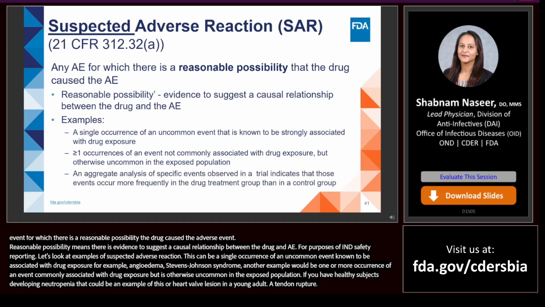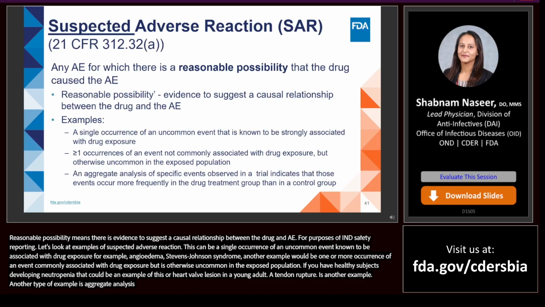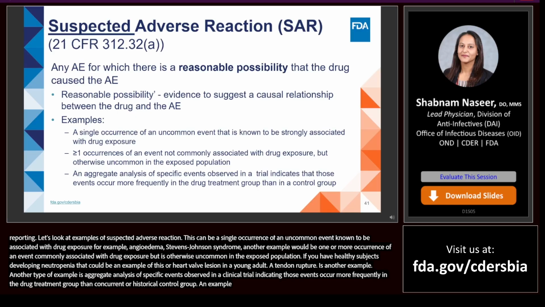And another type of example is an aggregate analysis of specific events observed in a clinical trial, indicating that those events occur more frequently in the drug treatment group than in a concurrent or historical control group. An example of this would maybe be having several acute myocardial infarctions in long duration trials of elderly cancer patients.